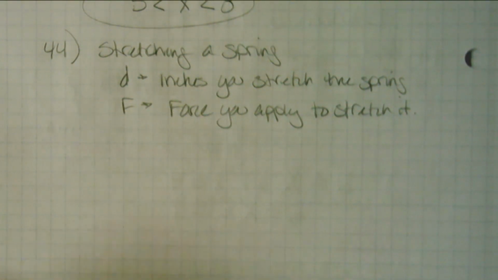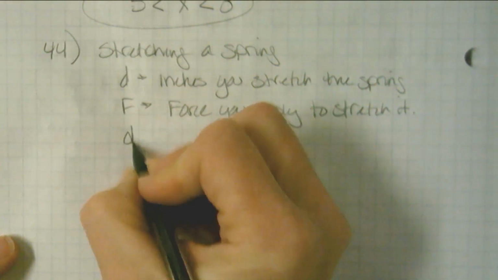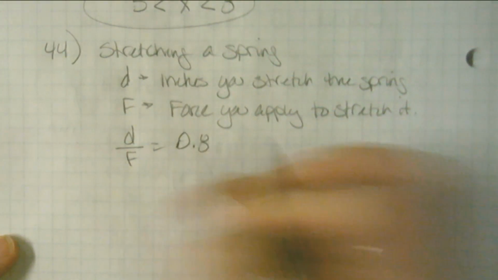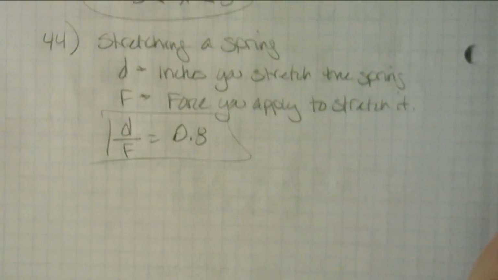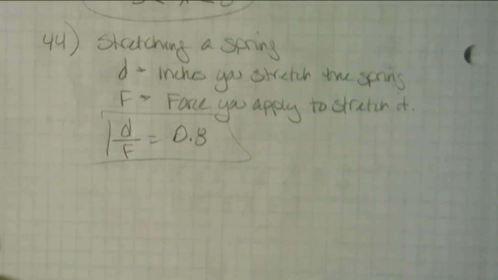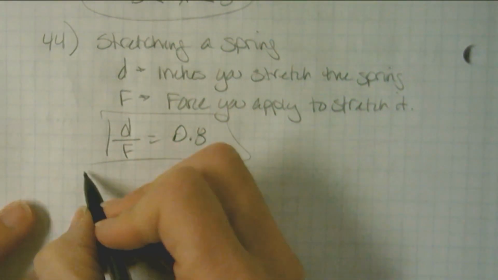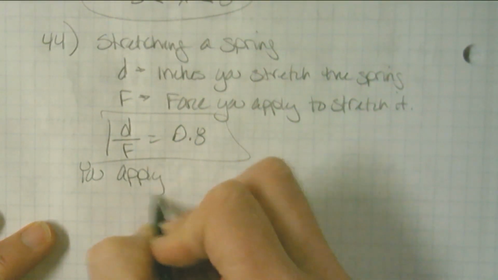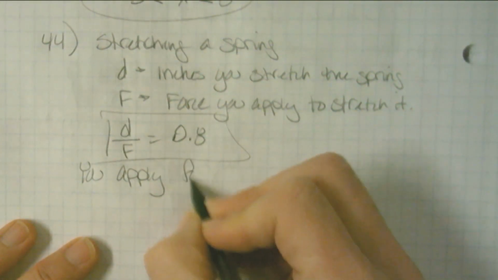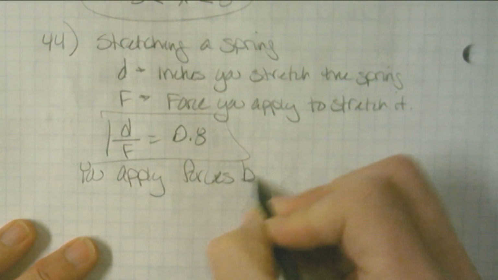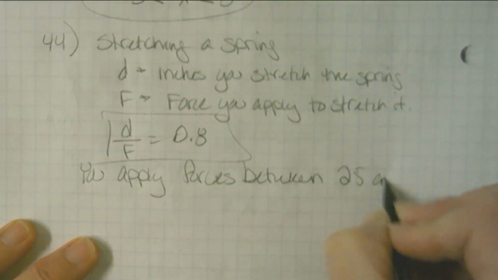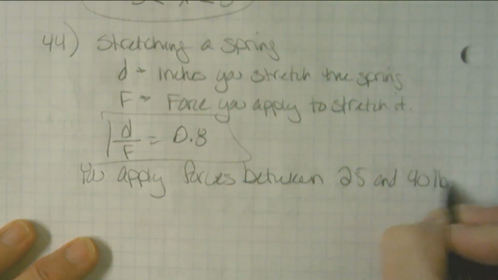All right, so what they've told us is they have said d over F is equal to 0.8. There's the formula that they have given me. What they say is you apply forces between 25 and 40 pounds.